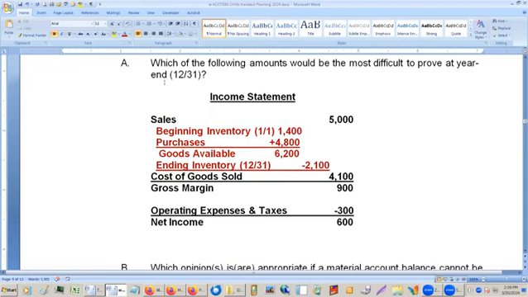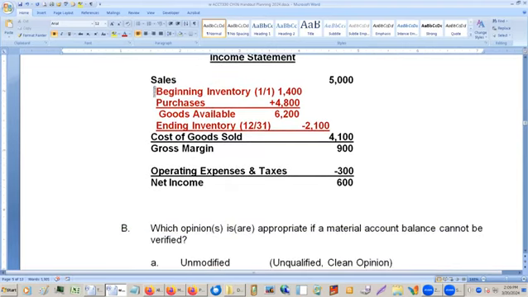So let's highlight this. This one is the problem. And we can't jump in a time machine and go back and verify it.